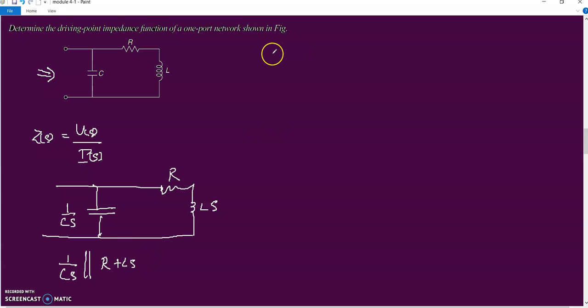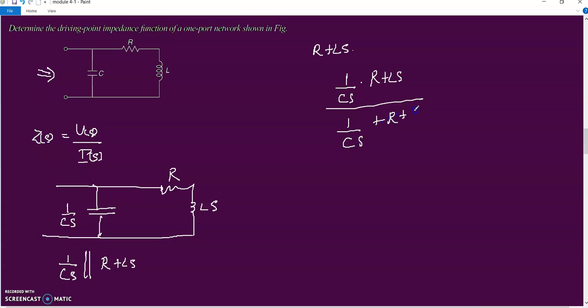So now we can do that. R and LS in series means R plus LS, and R plus LS parallel 1 by CS, so we can write it as 1 by CS into R plus LS divided by 1 by CS plus R plus LS, right?